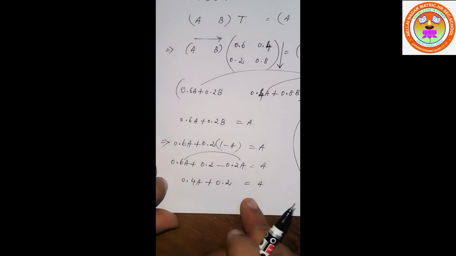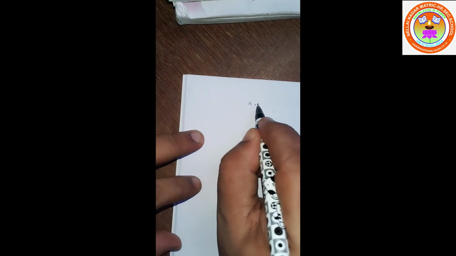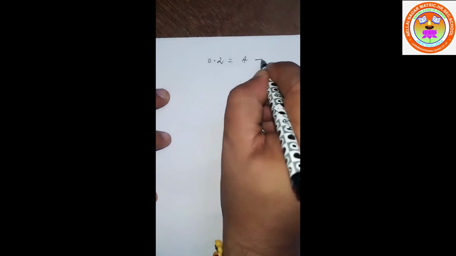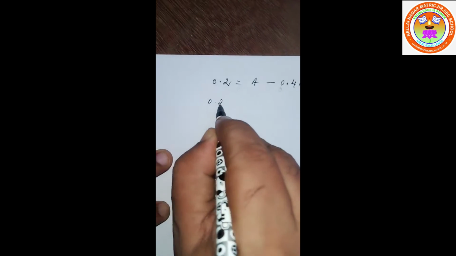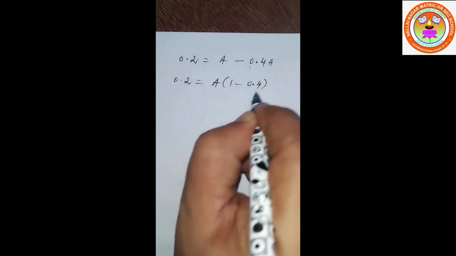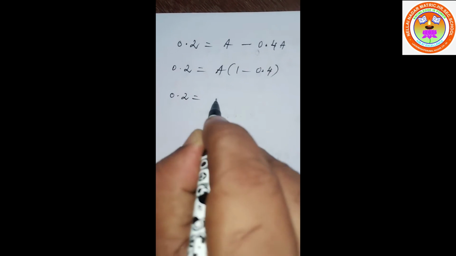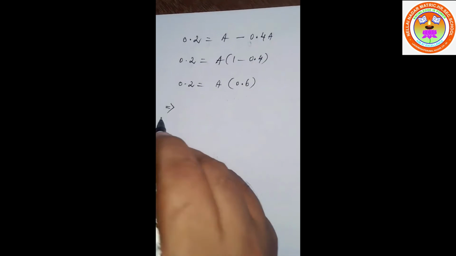Therefore, retaining 0.2 on the left-hand side, A minus this 0.4A comes to the right-hand side. 0.2 is equal to, taking A as common, A into 1 minus 0.4, that is 0.6.